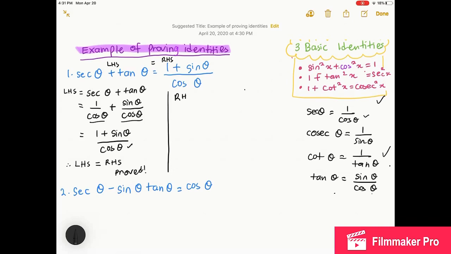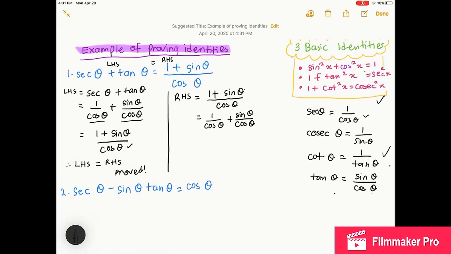Okay, what if I pick the right hand side? My right hand side is 1 plus sine theta over cos theta. Now, how am I going to prove the left hand side? What I did is, I separate it into 1 over cos theta plus sine theta over cos theta.